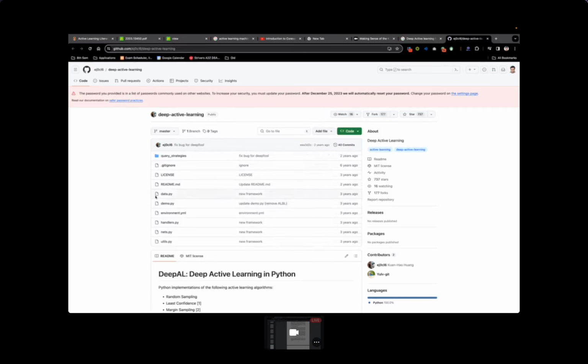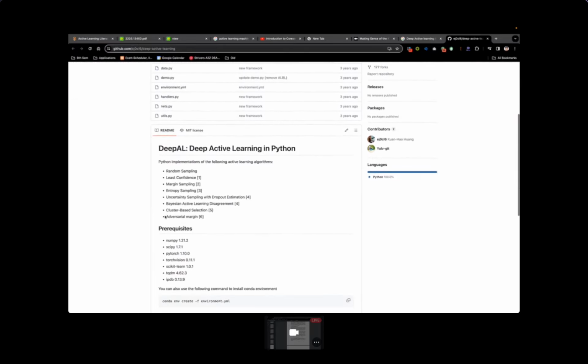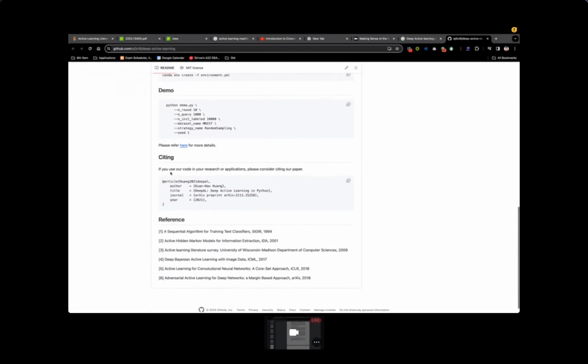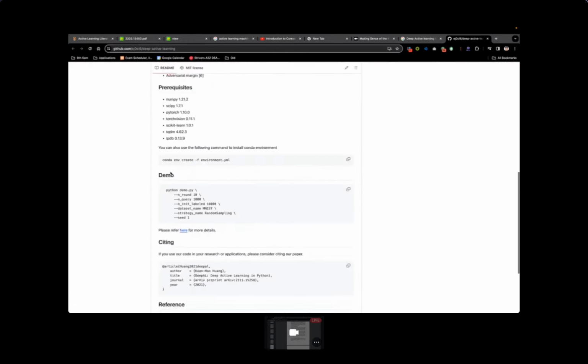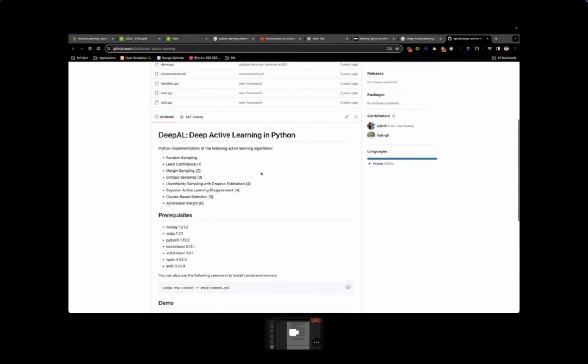So there are lots of methods already implemented. For example, you can use these libraries also. You cannot use them in this project, but I would love it very much if you could look at this library.